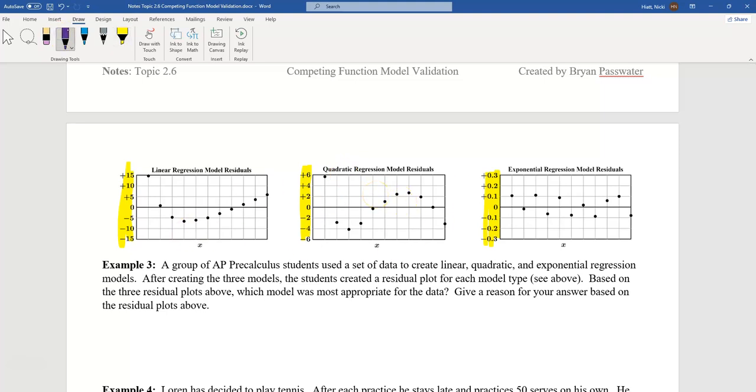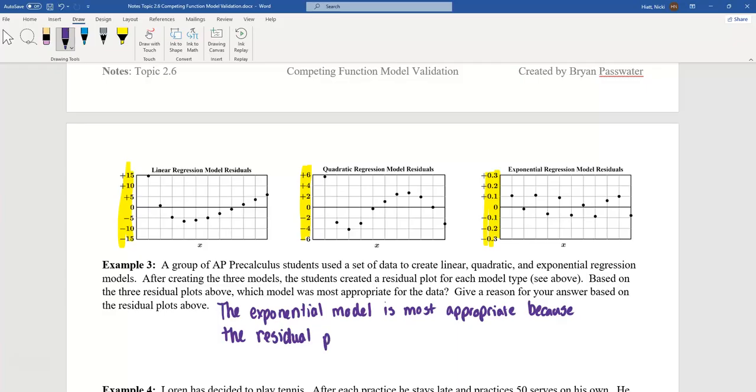So we would say something like the exponential model is most appropriate because the residual plot shows no pattern.